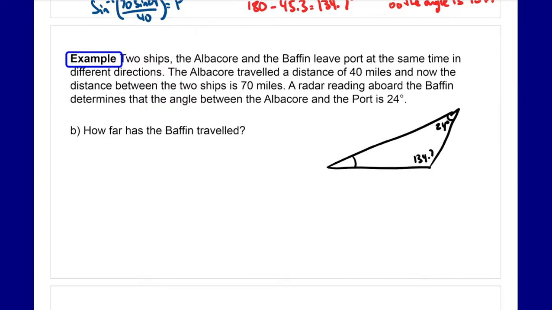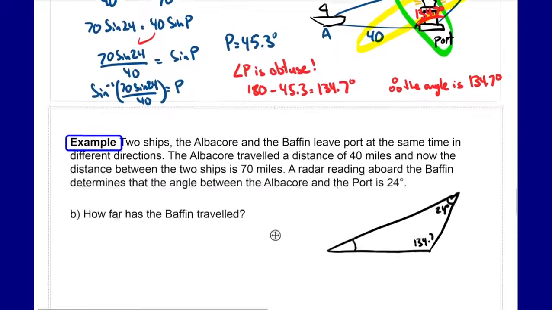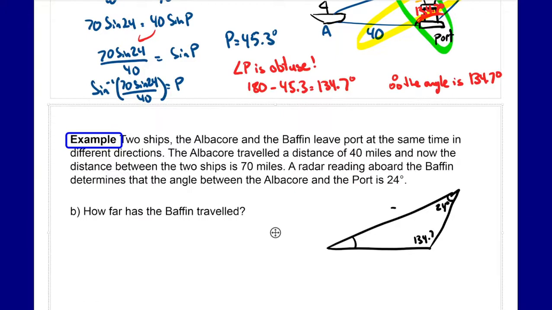We have an unknown angle there. We know that this is 70 between them. We know that the Albacore traveled 40. We have the Baffin. And we want to figure out how far did the Baffin travel.